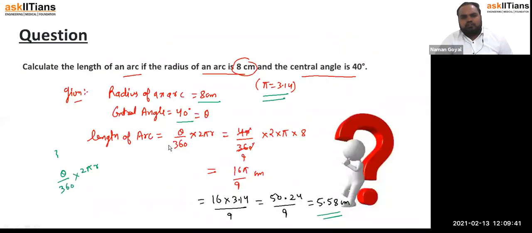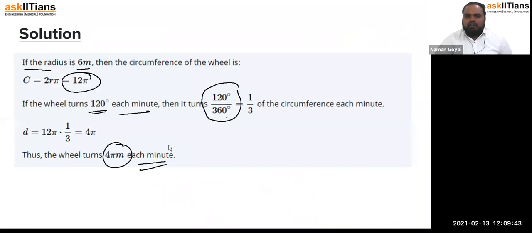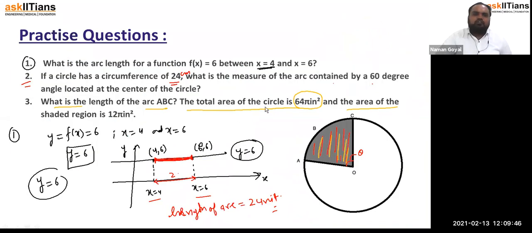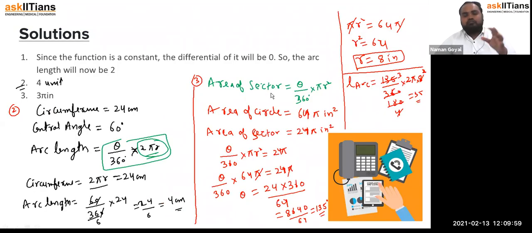If you are not getting this last question, there is no need to worry, because the formula we used for finding theta, the area of a sector, we are going to learn in the next lecture.